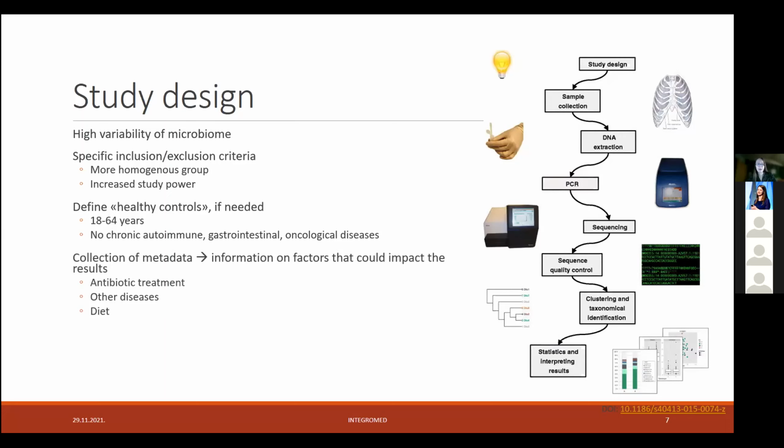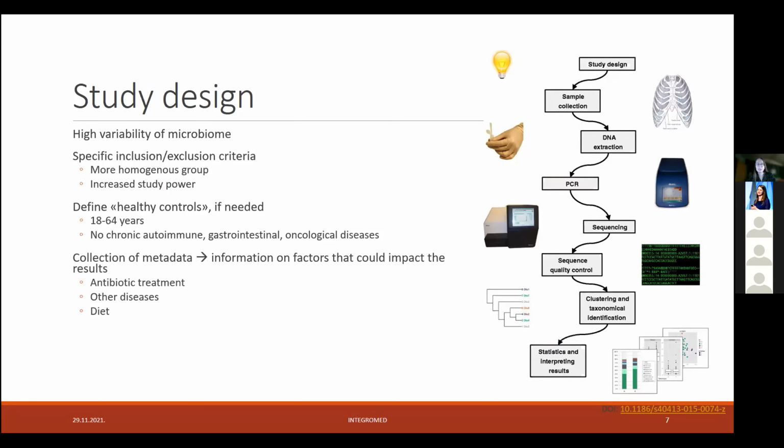Then, of course, we know that we can't control everything. We can try to control a lot of things, but especially if we are talking about human studies, the next best thing that we could do is collect metadata. So additional information about factors that could impact the results.